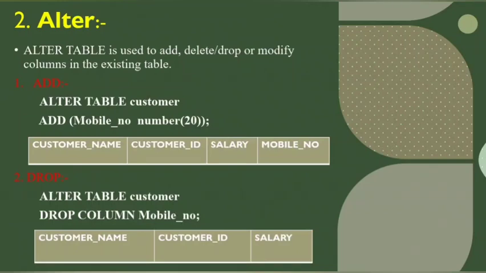We are very well acquainted with the word alteration. Alter is nothing but doing some changes on that particular thing. Here also we have the alter command. What this alter command will do is add columns in the existing table, or delete the records.